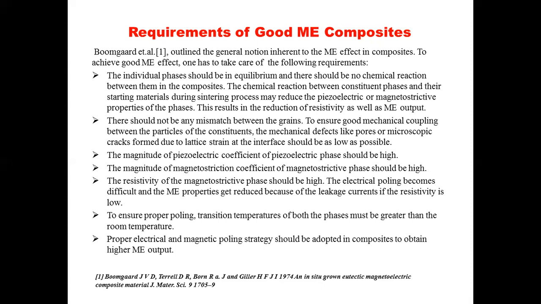Because during the electrical poling we are applying a very high electrical field, that high applied electrical field may lead to the flow of these leakage currents through the ferrite phase. So in order to avoid that, we have to increase the resistivity of this magnetostrictive phase. That is very, very important.